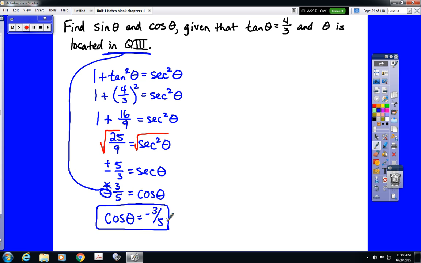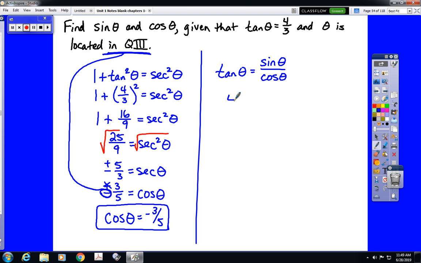Okay, so now we need to find the sine, now that we know the cosine. So we go back to our quotient identity, which says tangent is sine divided by cosine. Plug in what we know. Tangent is 4/3 and cosine is negative 3/5. Now think of this as a one-step equation.